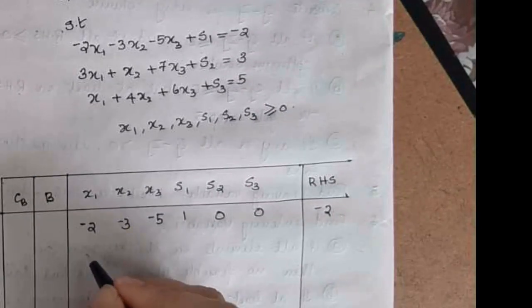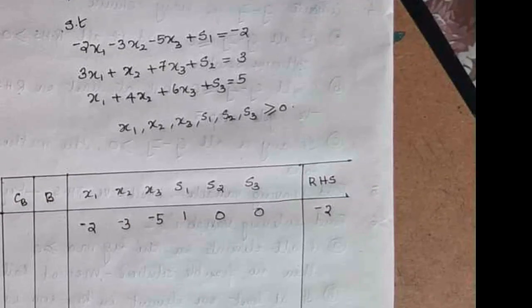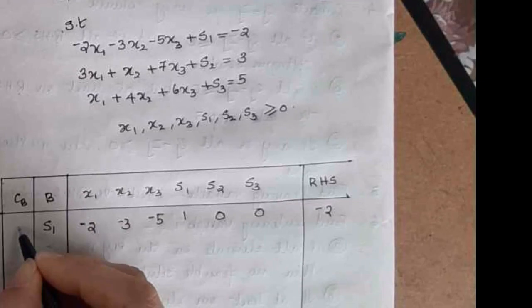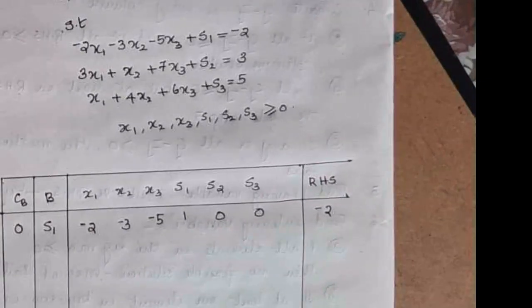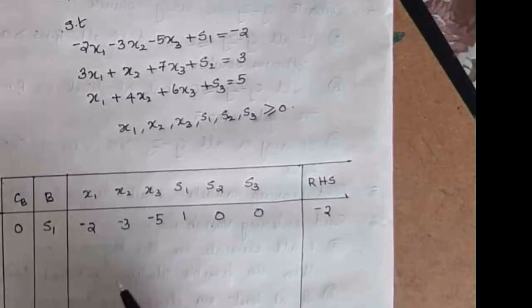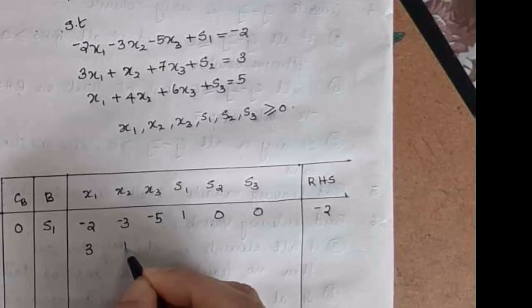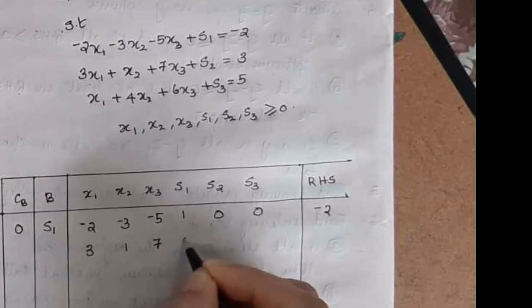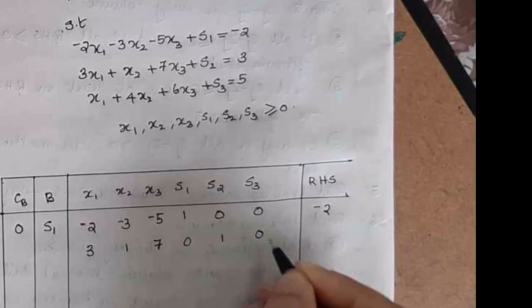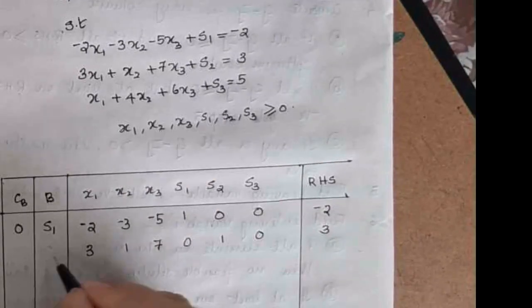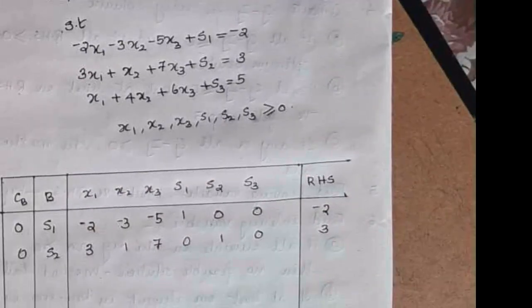Then we have the second one. Here you will have the basis S1 with the cost 0 from the objective function. Now the second one is 3x1, so you have 3, 1, 7. S1 is 0, S2 is 1, S3 is 0. Right hand side is 3. Here this will be S2 with the value 0.